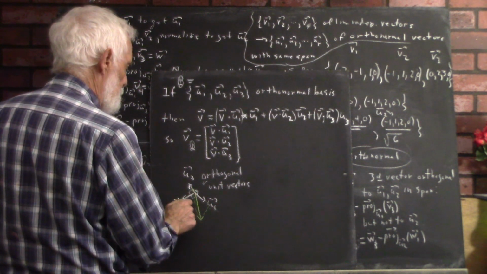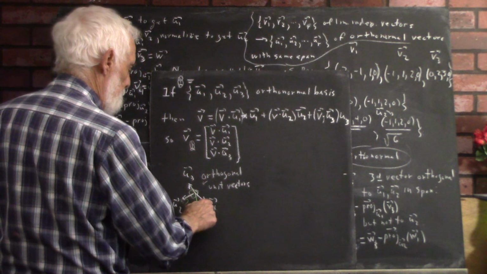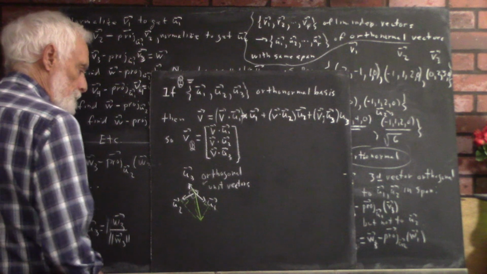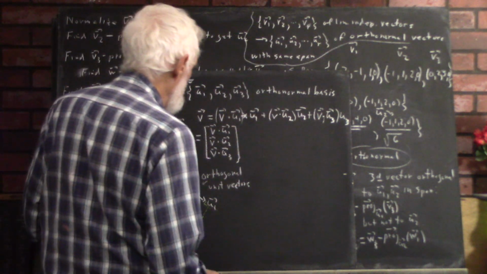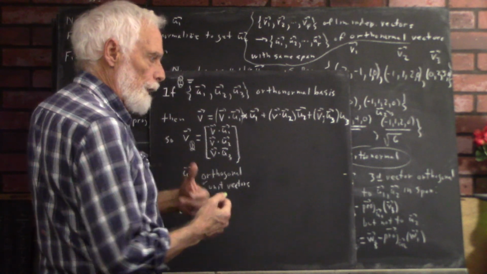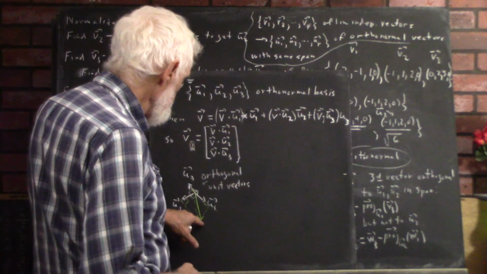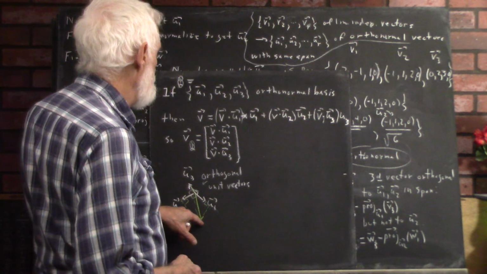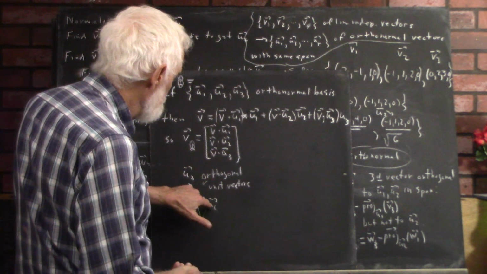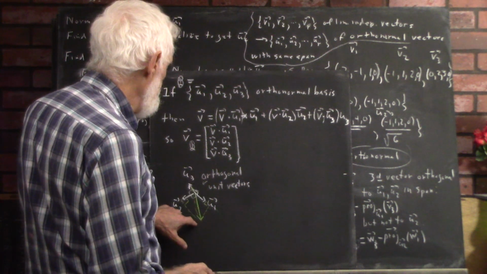V projected onto u3 gives you a component down here. Just like the components of a vector relative to x, y, and z, this is going to have component equal to this projection, but this projection is just v dot u1.